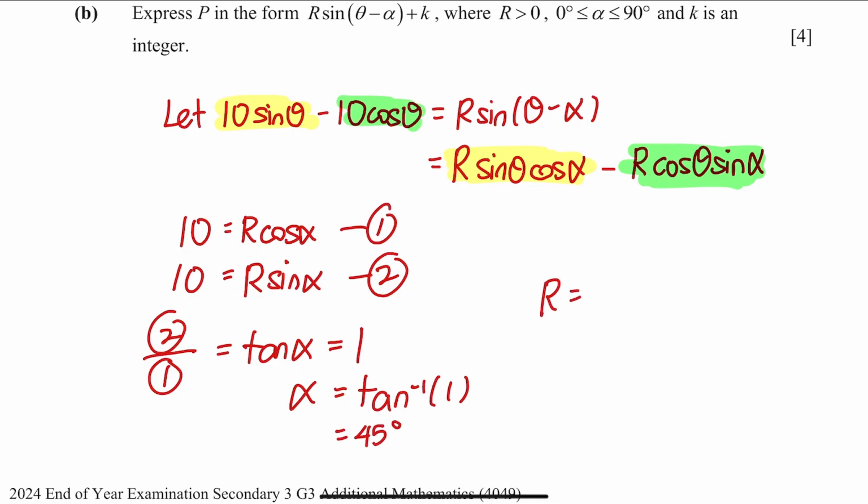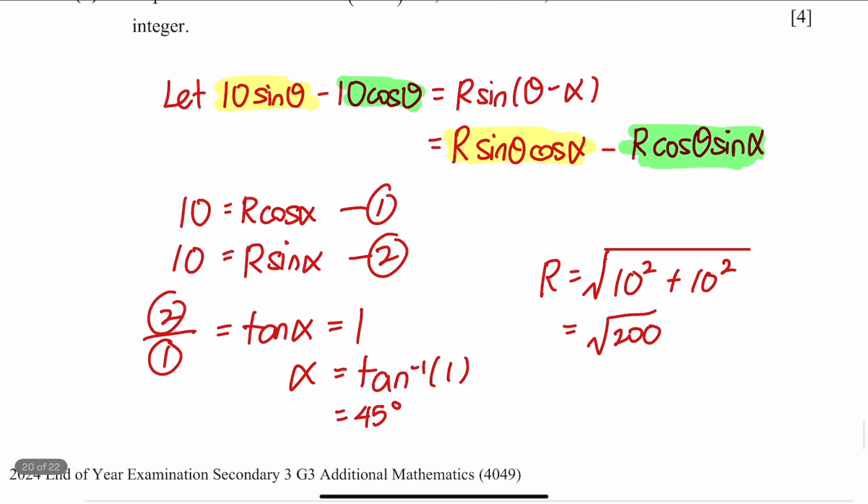R is equal to square root of 10 squared plus 10 squared, equals to square root of 200. Okay, so this can be simplified. Square root 200 can be simplified to become 10 root 2.